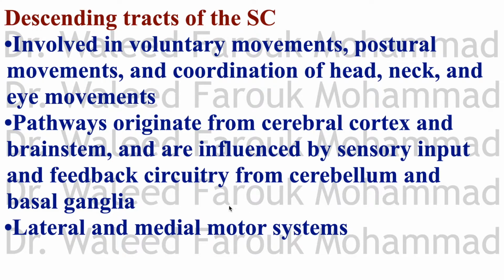They modify the commands descending from the primary motor cortex. They are comprised of the lateral and medial motor systems, one for the muscles of the limbs and the other for the axial muscles that control posture of the body.